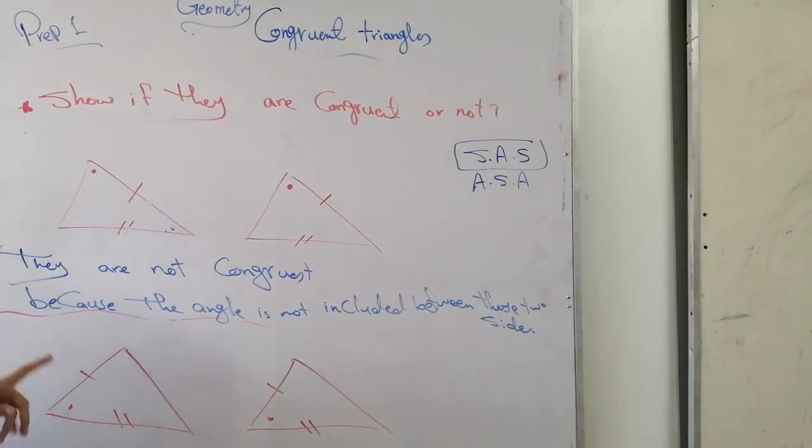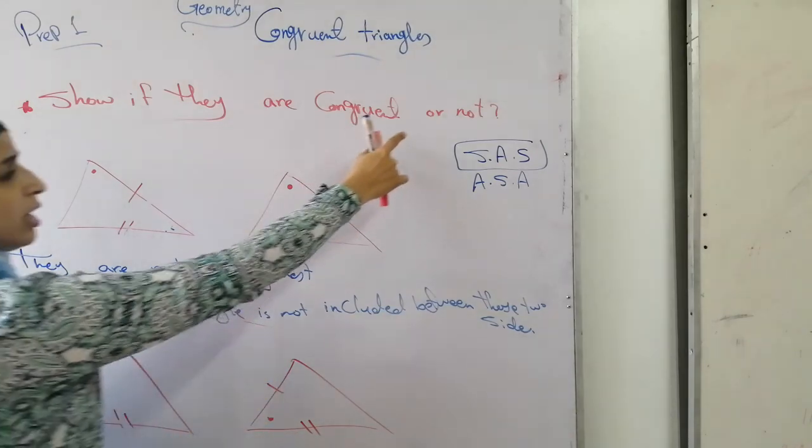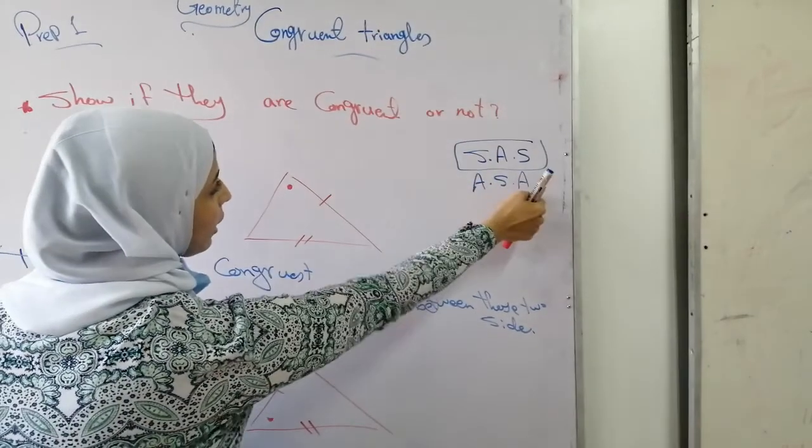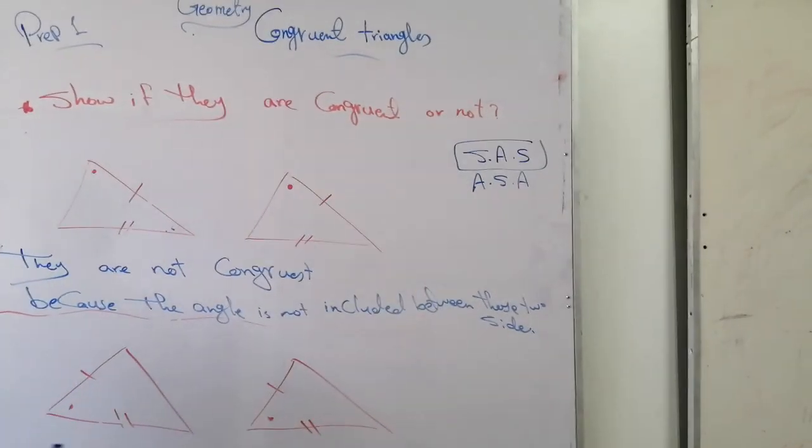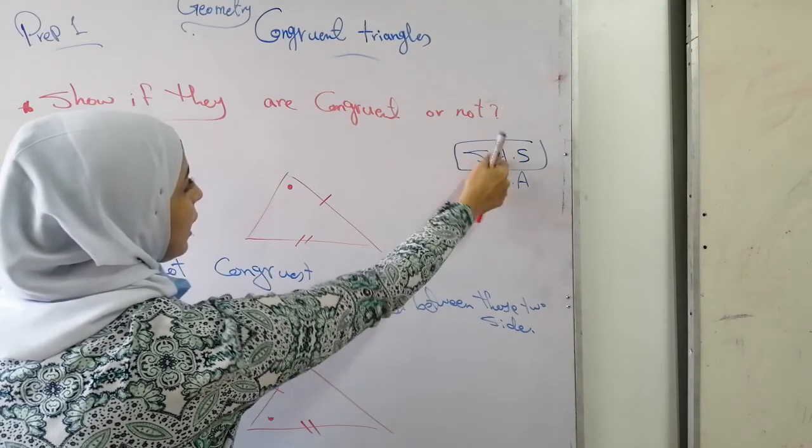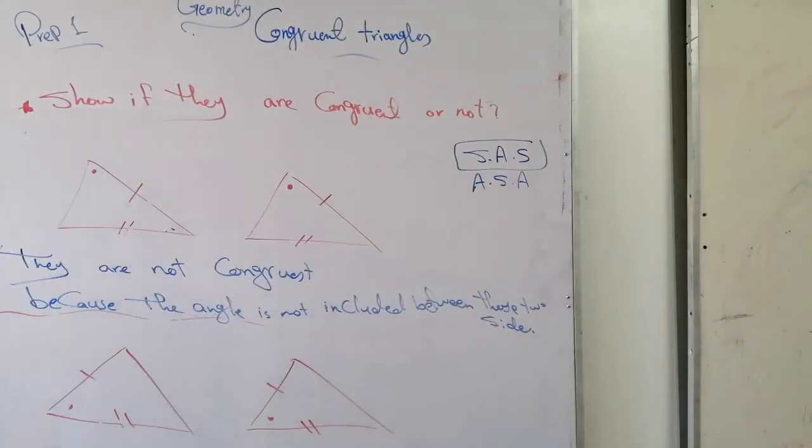Here I have two sides and one angle. I have two cases, side, angle, side and angle, side, angle. Since I have two sides, I look for side angle side. Let's see whether it satisfies the first case. Let's see the corresponding sides and the included angle. I have these two sides and the included angle.